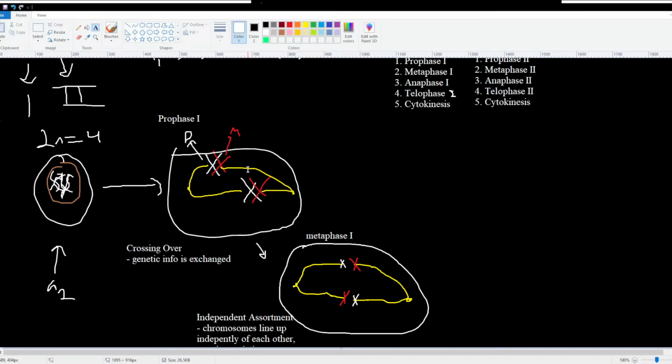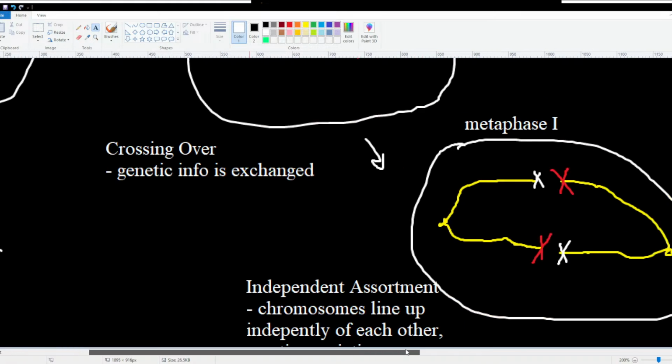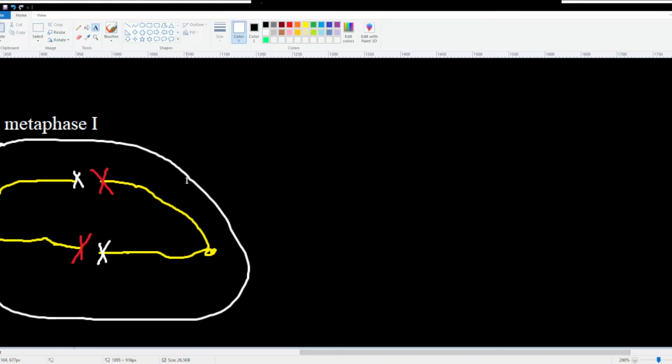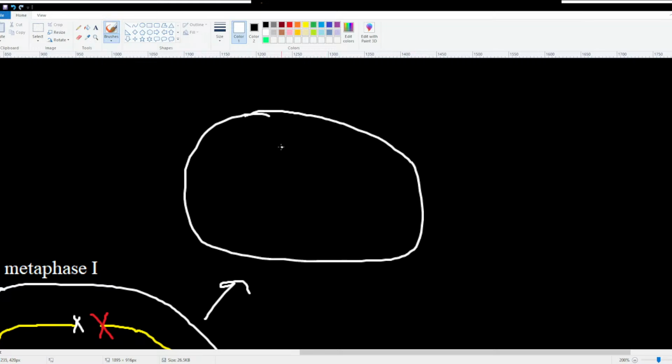So after metaphase 1, then we're going to go into anaphase 1. So now during anaphase 1, the homologous chromosomes are going to be separated from each other.